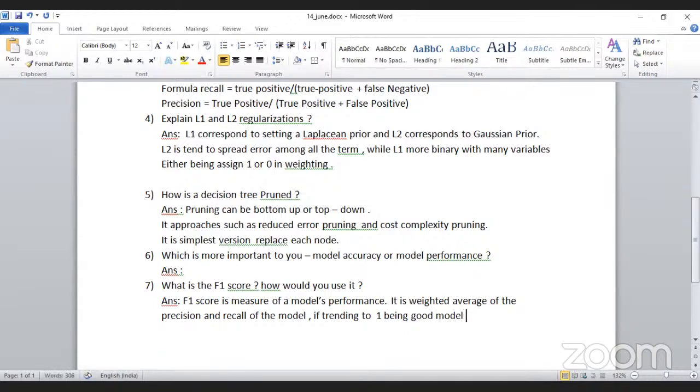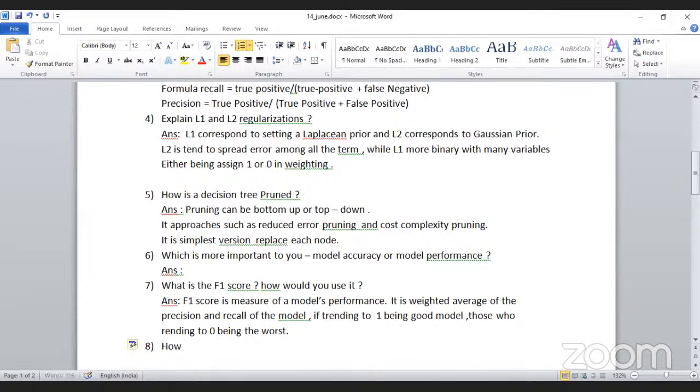And those trending to 0 are the worst. Okay.